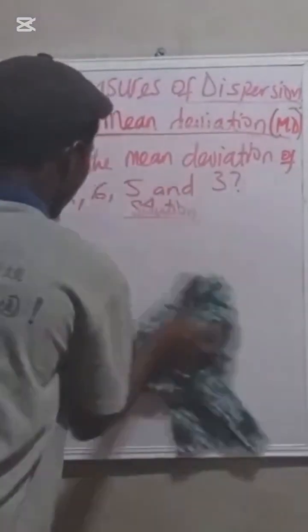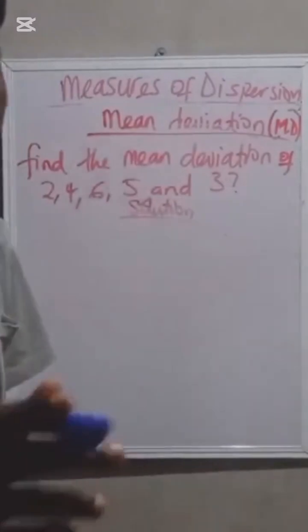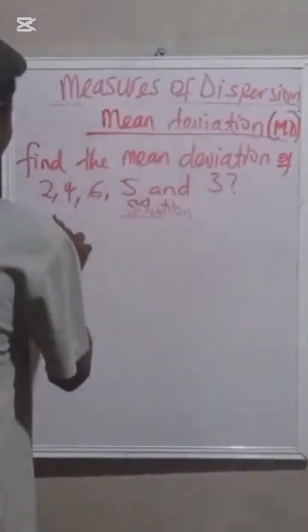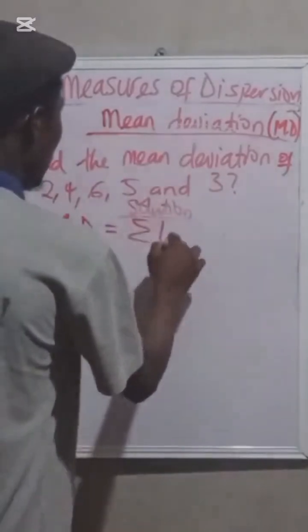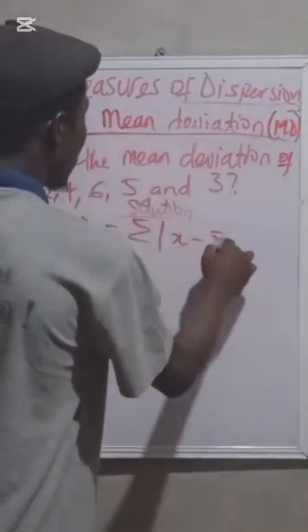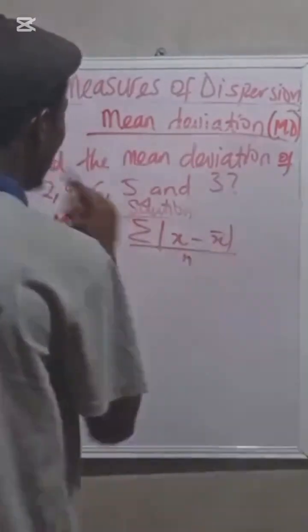To get your mean deviation, the formula states, like written before, that it is equal to the summation of the absolute value of x minus bar x, divided by n. So you substitute into this.